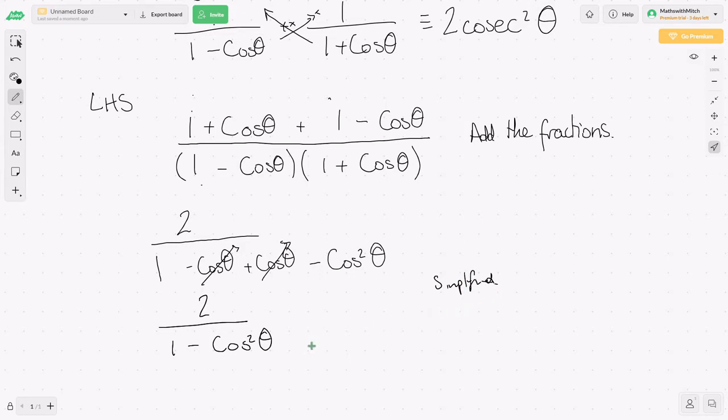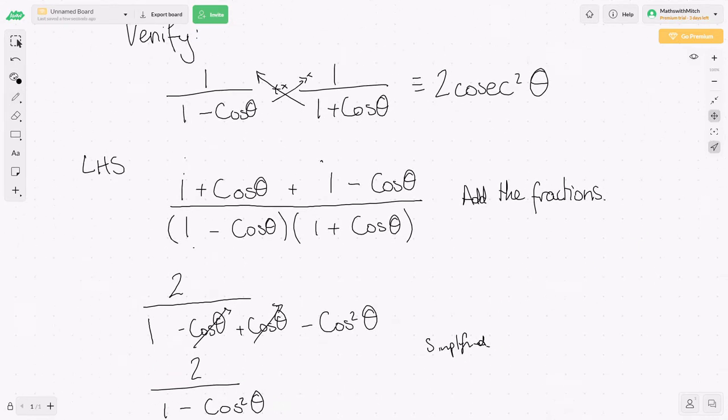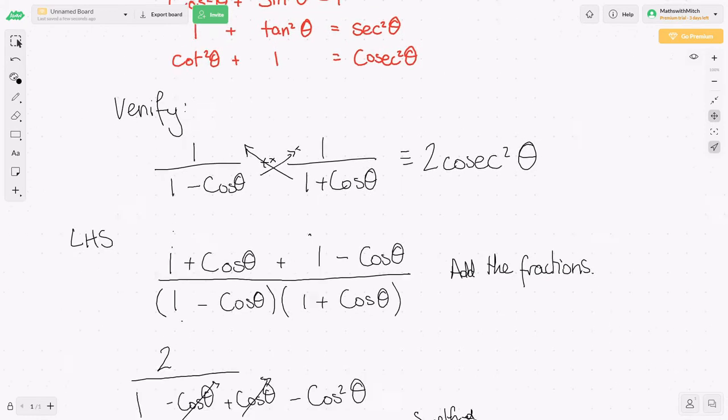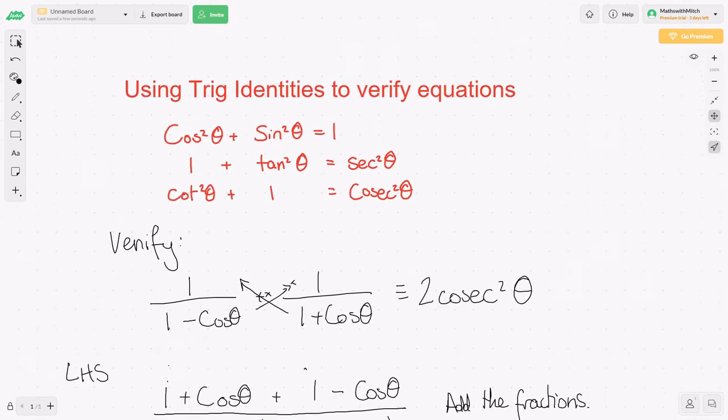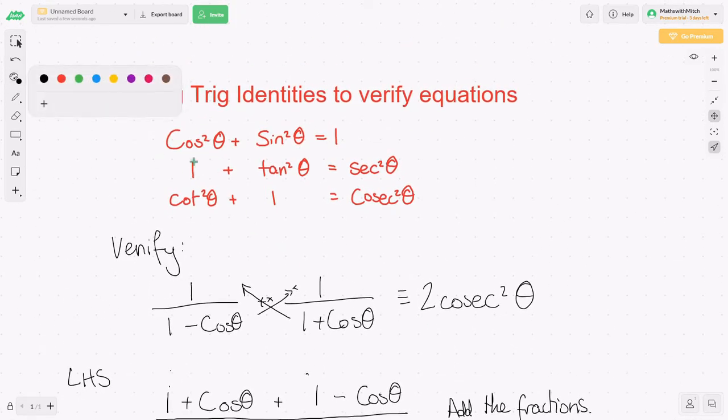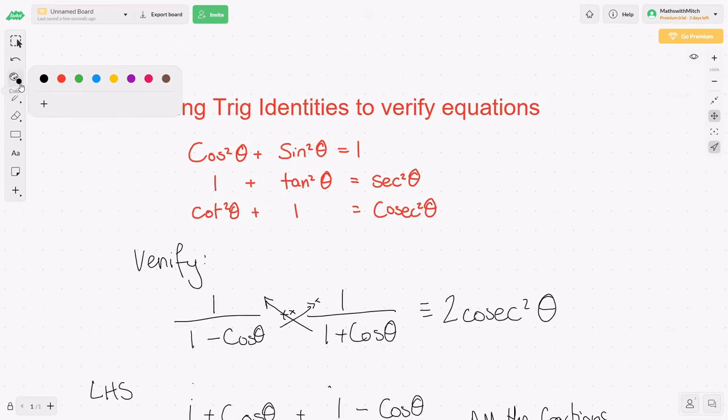Now, have we got anything here that we can now use with the identities that we've got? Well, we've got 1 minus cos squared theta. So we can look at our identities. We've got a cos squared theta here.